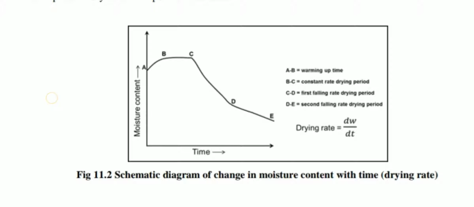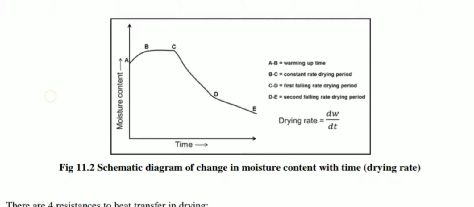is warming up time. And what is warming up time? We can see that there is an increase in moisture content within this time, and B to C, the moisture content is constant. That's why it is known as constant rate drying period.